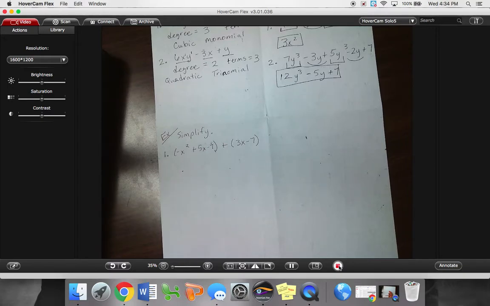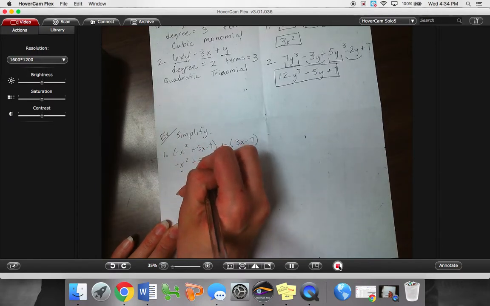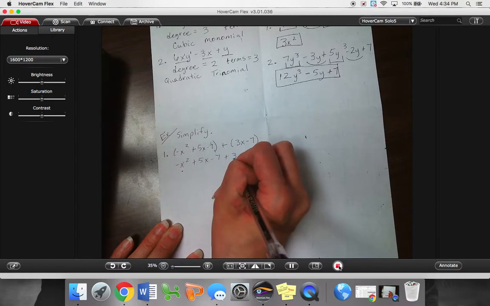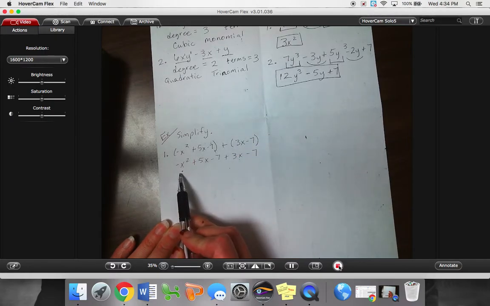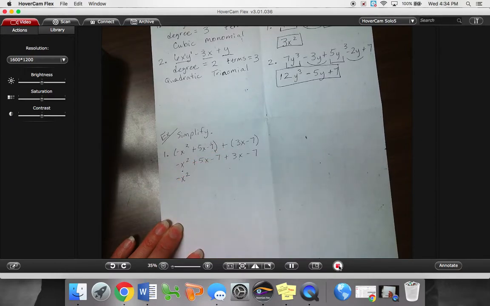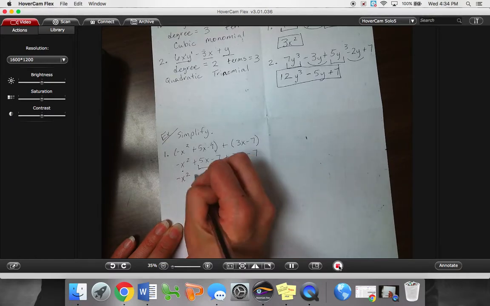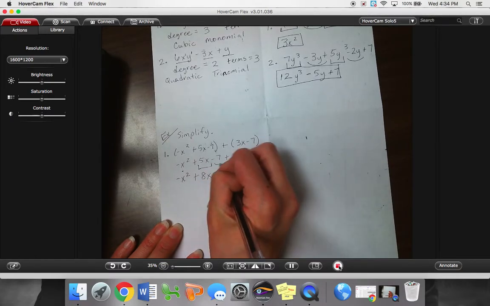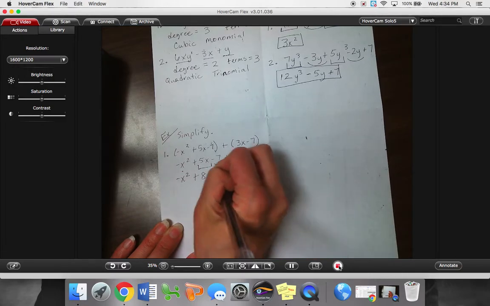We can just drop the parentheses and combine like terms. So negative x squared plus 5x minus 7 plus 3x minus 7. There's nothing to combine with this negative x squared, so it just stays in the front. We combine 5x with 3x to get plus 8x, and negative 7 minus 7 to get negative 14.